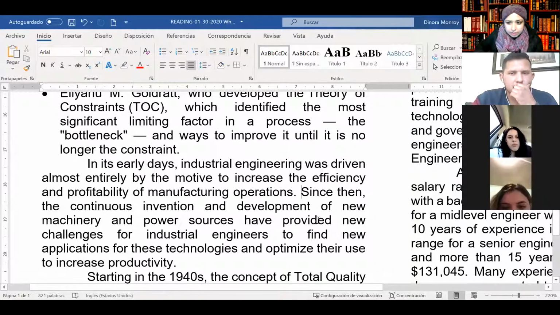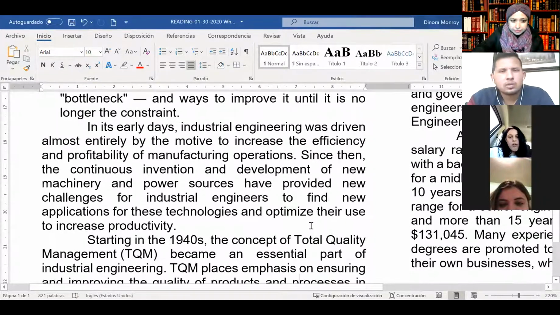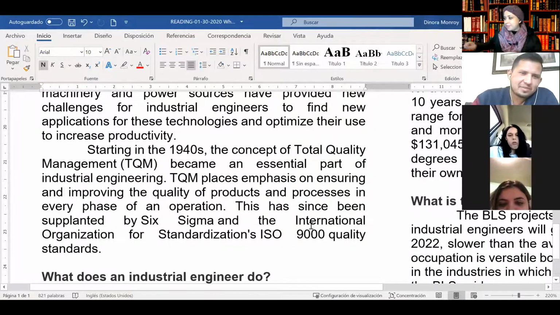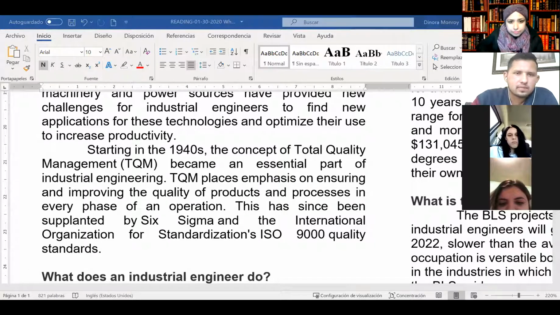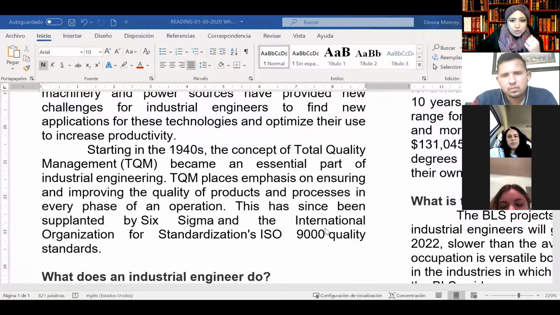Starting in the 1940s, the concept of total quality management became an essential part of industrial engineering. TQM. Thank you, Connie.